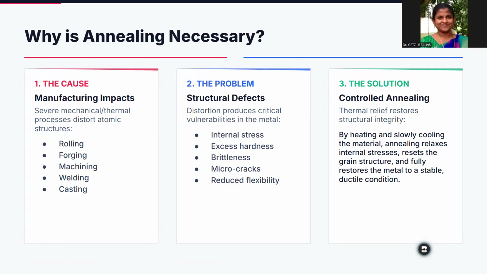There may also be internal stress, excess hardness, brittleness, micro cracks, and reduced flexibility. The solution is to make these metals go through a rigorous process of annealing, that is, by heating and then relaxing. The internal stress can be reset, and the metal's stability and ductility can be restored.